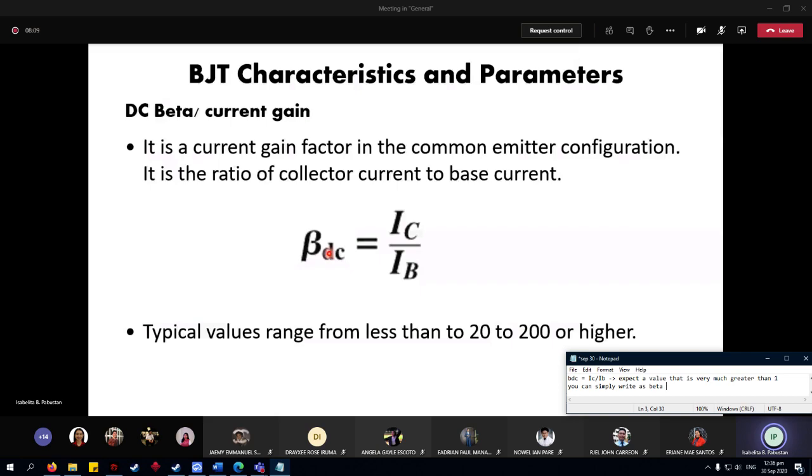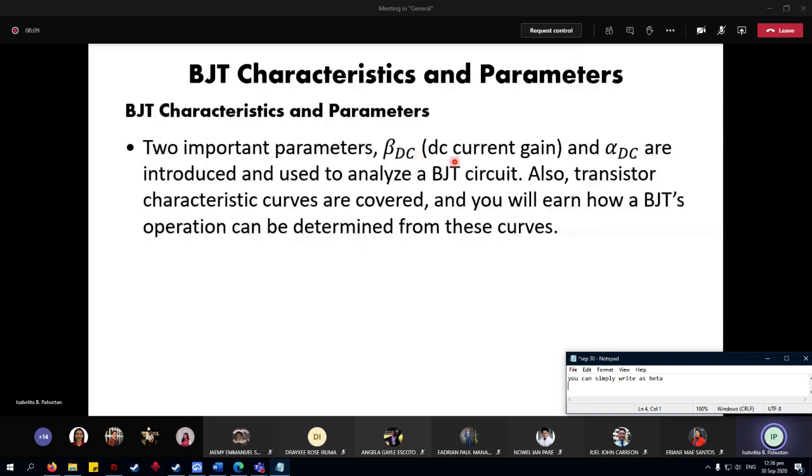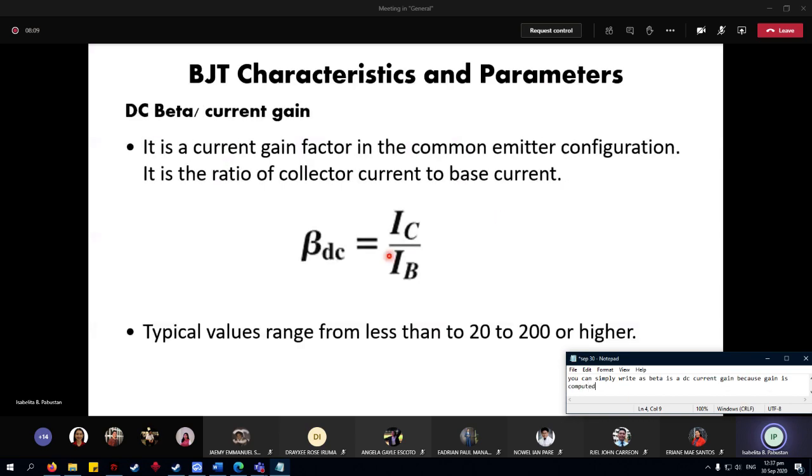Or you can write it this way. Here it says your beta is a DC current gain. Why current gain? Because gain is actually computed as output over input. In this case, the output current is the IC and the input current is IB. Do not forget that.